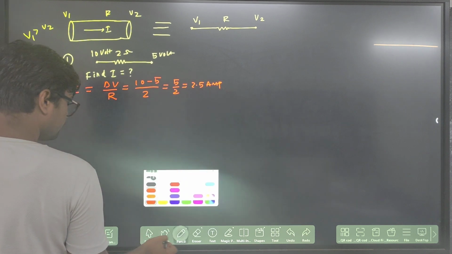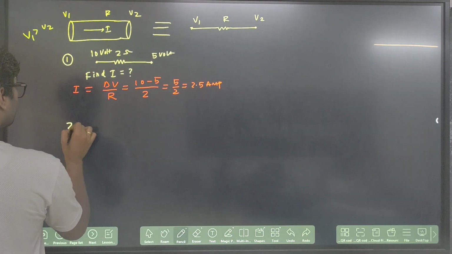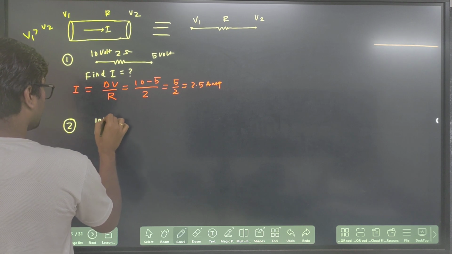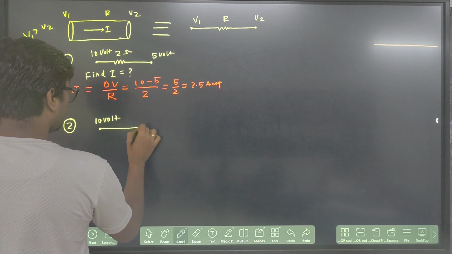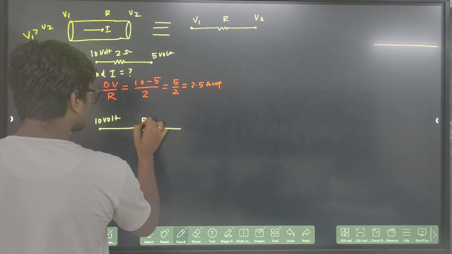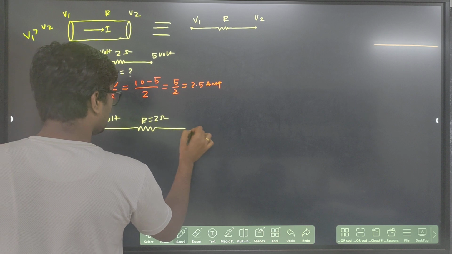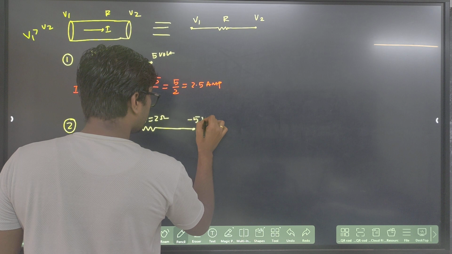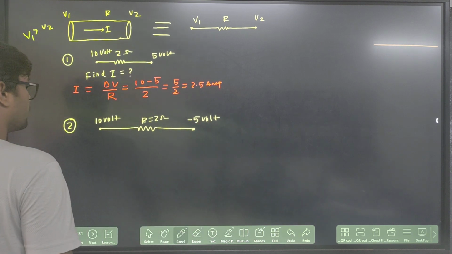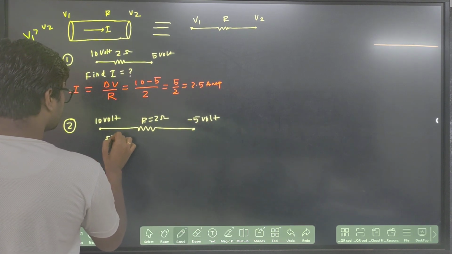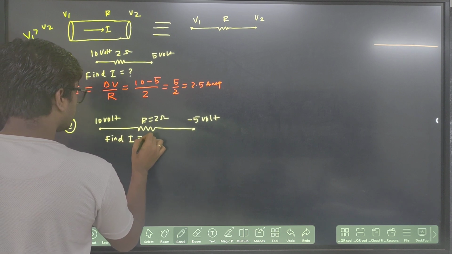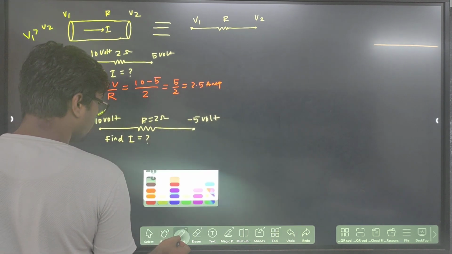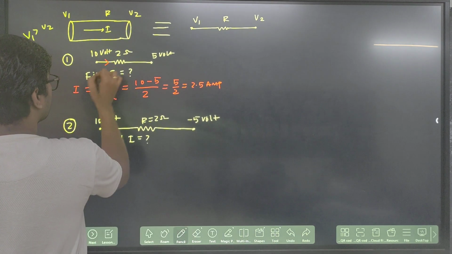Now the second question. They have given 10 volt again, and the resistance is again 2 ohm, and now this side the voltage is minus 5 volt. They are asking to find the current through the circuit and its direction. The current will be flowing along this direction.